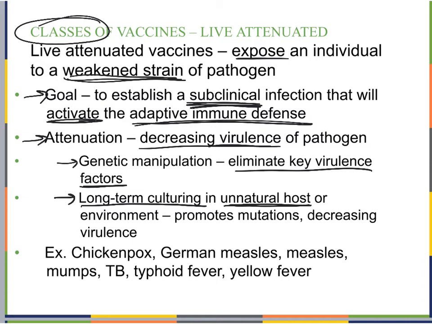So we're just growing it up in this broth, and it's going to be in an unnatural environment. And then what's going to happen is it's going to promote mutations. So it'll mutate, and then we can decrease the virulence that way.